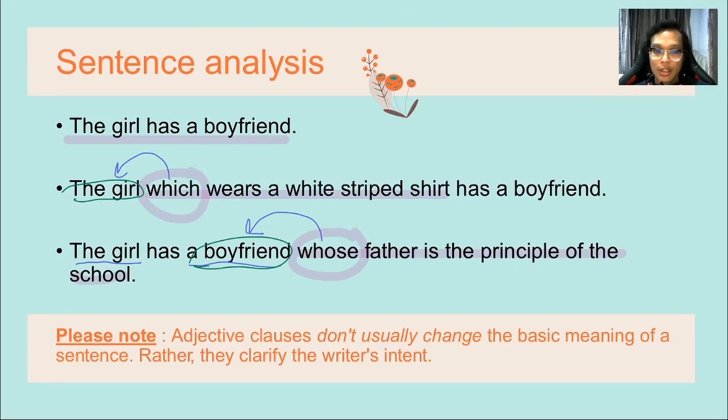But the listener or reader, when they find sentences with adjective clauses, can understand more clearly. They can get more details about the noun and more understanding of what is being talked about.